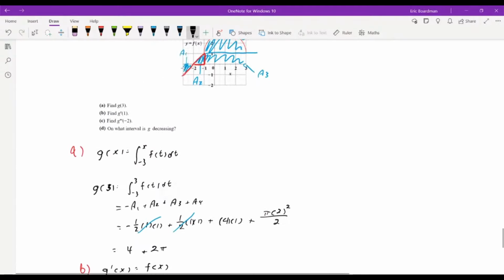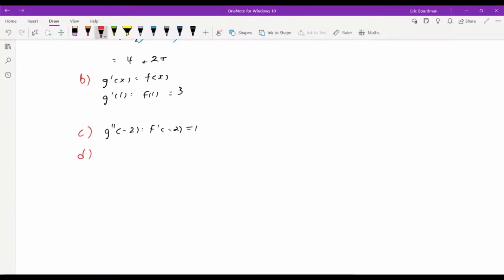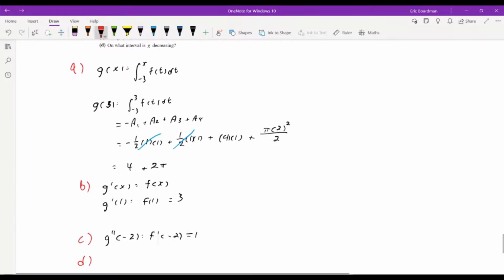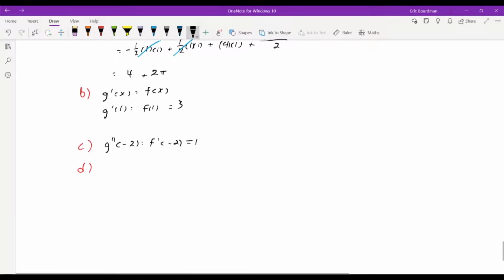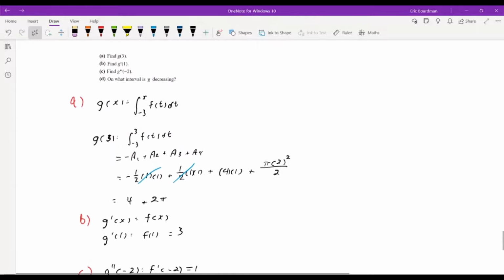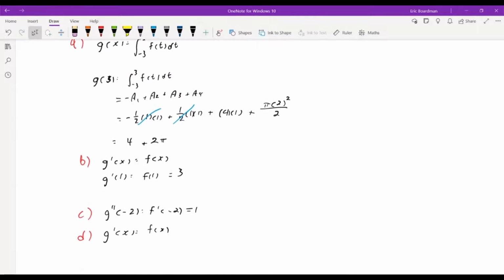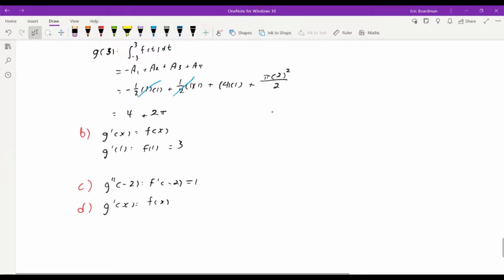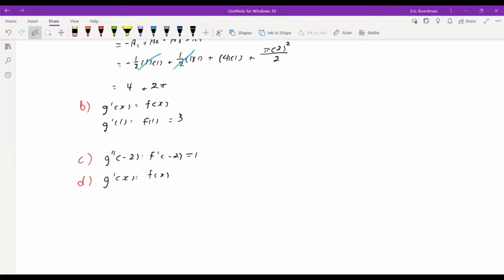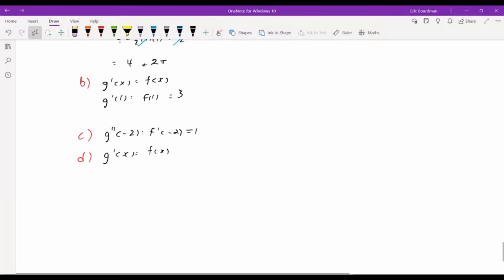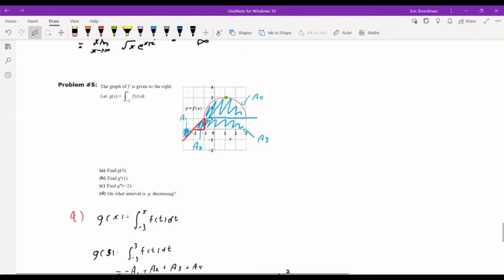And then D, on what interval is G decreasing? So we know that G prime of x is equal to f of x from part B. And G is decreasing when the first derivative of G is negative. And we know that the first derivative of G is f. So when f is negative, G prime will be negative. So we want to find when f is negative.